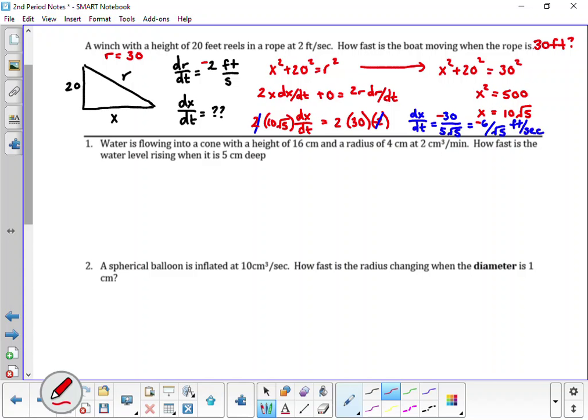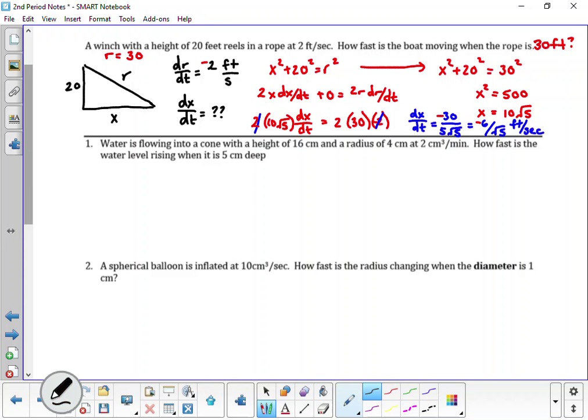Wait, but if it's speed, why would it be negative? You can't be negative. Yeah, I know, you can, but solving for dx dt is negative 6 over root 5. I know, so your answer would be 6 over root 5, but dx dt's value is negative 6 over root 5.